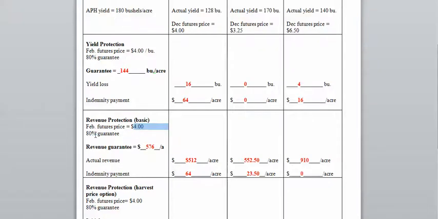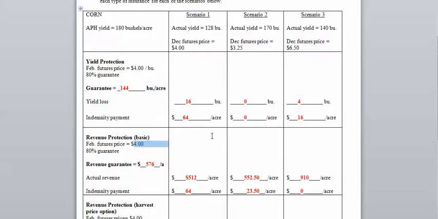And then we're going to multiply that by 80%. We're choosing an 80% coverage level, and 180 times 4 would be 720. 80% of 720 is 576. So our revenue guarantee is $576 an acre.